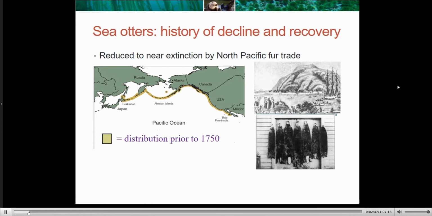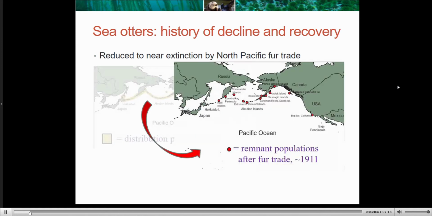Over the next 150 odd years, they were reduced to near extinction by the North Pacific maritime fur trade. That occurred in a west-east fashion: the Commander Islands in Russian waters first, then the Aleutian Islands, and then they worked their way down, finishing in Southern California. By 1911, when they were protected by international treaty, sea otters had been eliminated from almost all of their former range.